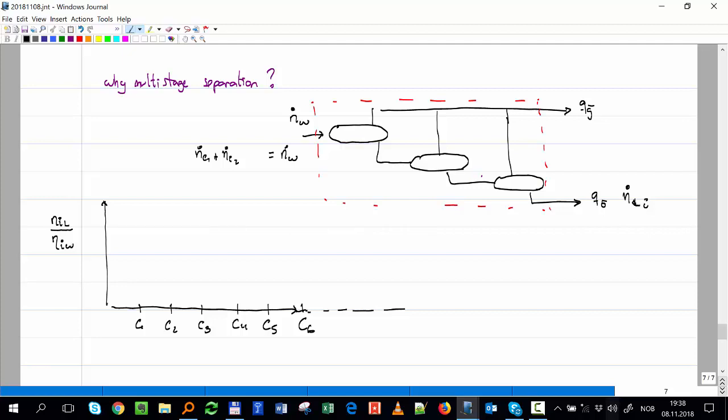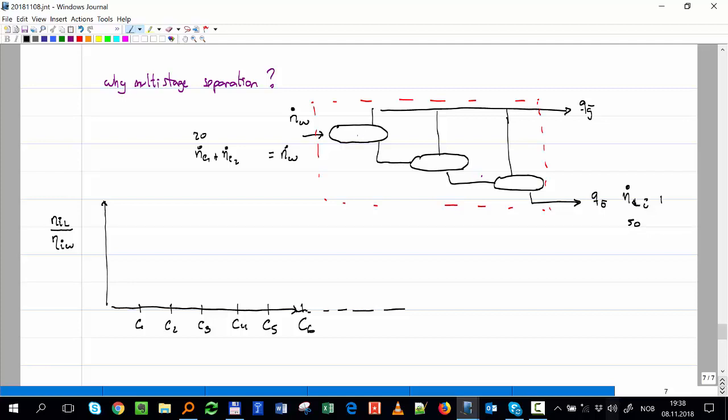So let's say here I had 20 moles of C1, and here I got just 1, that will be the ratio. Or if I had 60 moles of C6, and here I got 50, it will be 50 divided by 60.